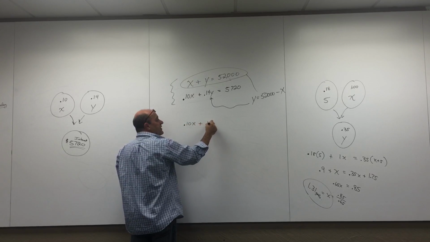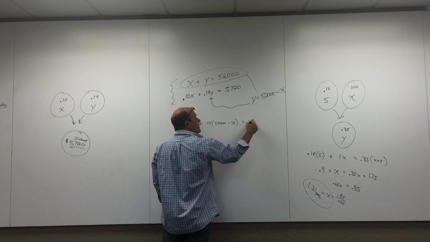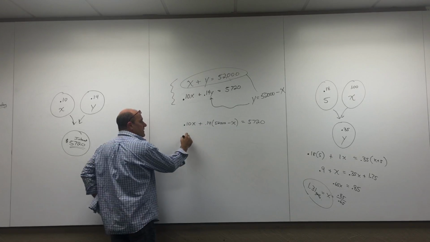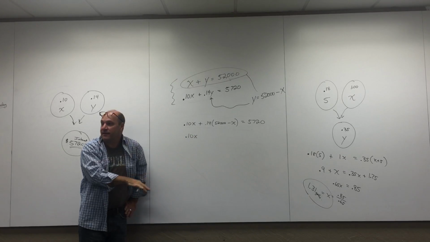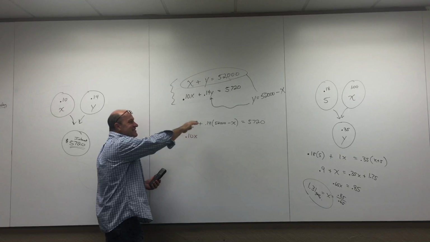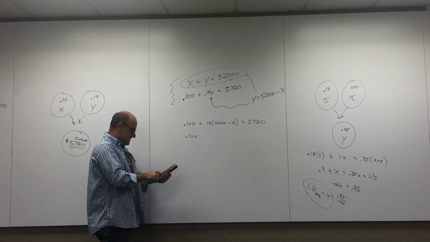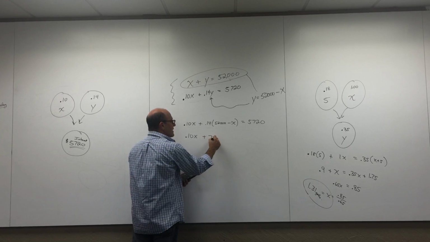Here I go. I'm substituting that y in there. 52,000 minus x equals 5720. I'm going to distribute. I feel like from here down, y'all can handle it, but I tend to help you anyway. Once you substitute it, you get 0.14 times 52,000, which is 7280.